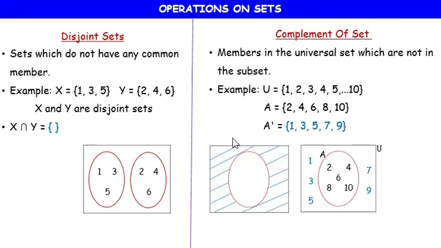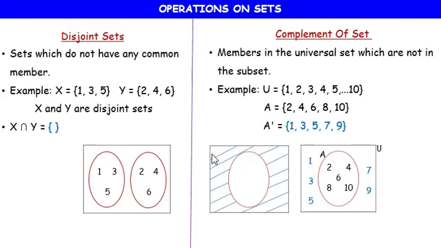Complement of set. Now we make use of the term complement of set when we are comparing a subset to a universal set, and our aim is to identify all those members that can be found in the universal set but cannot be found in the subset.